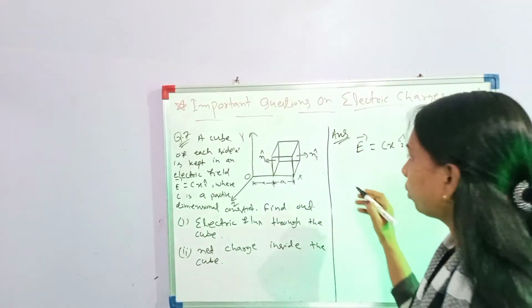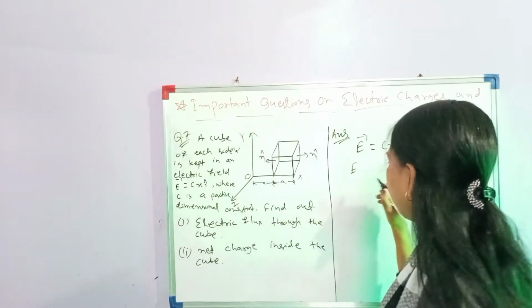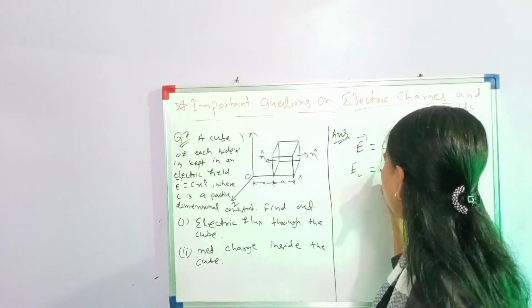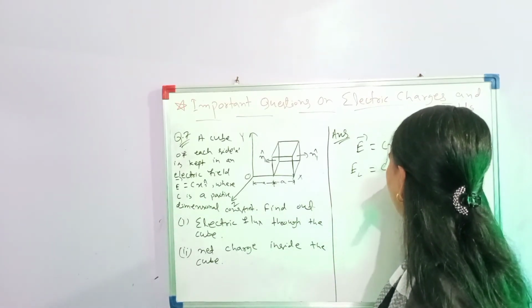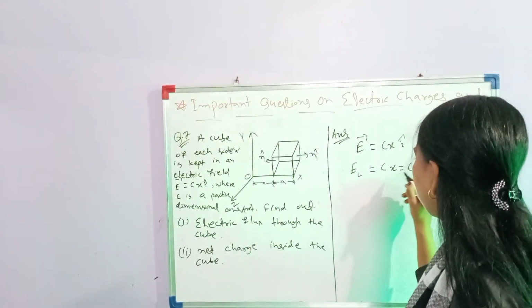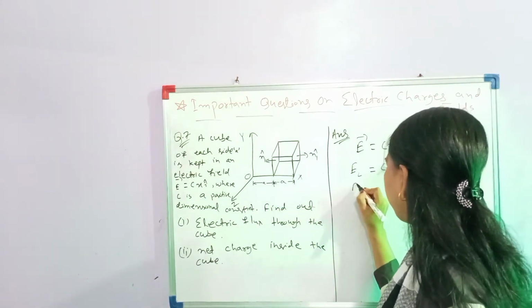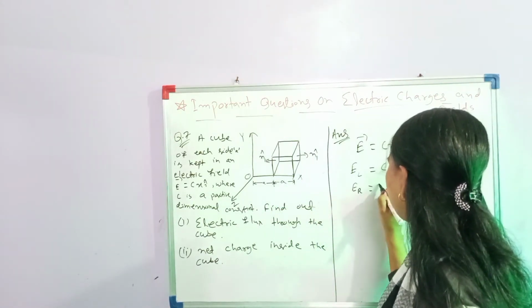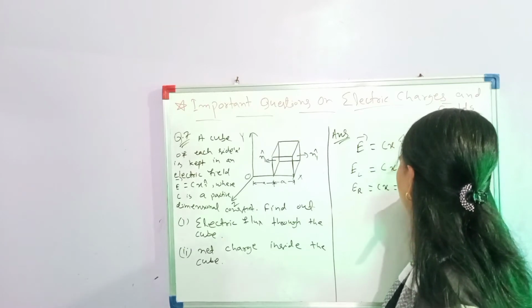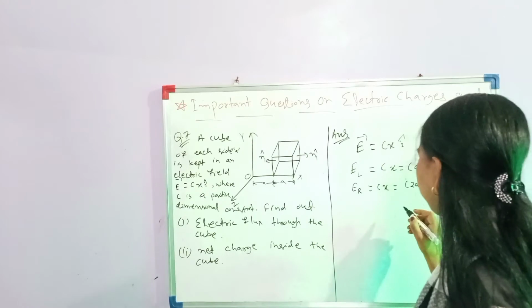Magnitude of electric field at the left face, EL, equals C into x equals C into a. This is the magnitude of electric field at the left face. Magnitude of electric field at the right face is C into x equals C into 2a. This distance will be 2a.